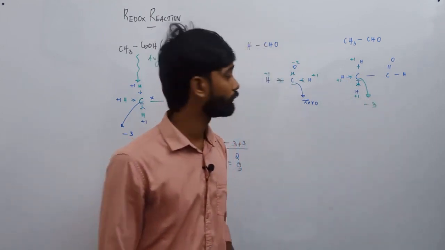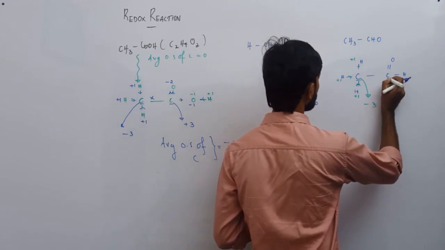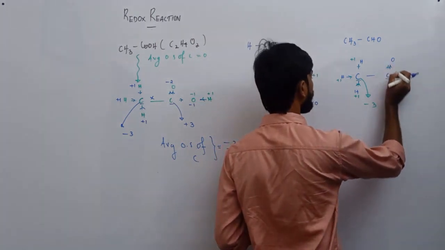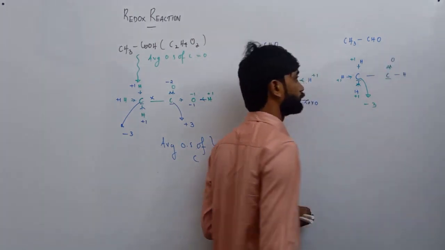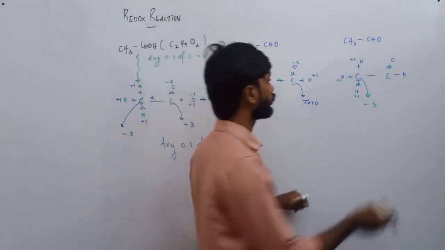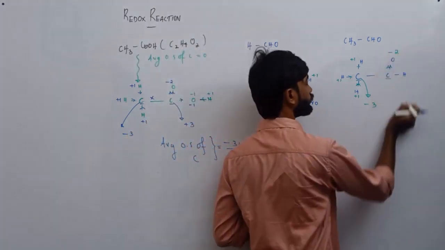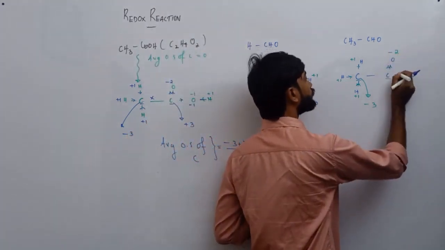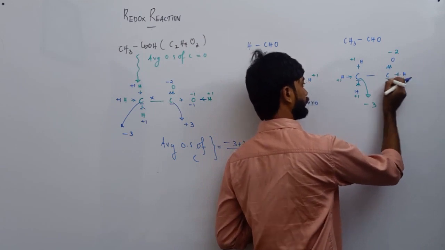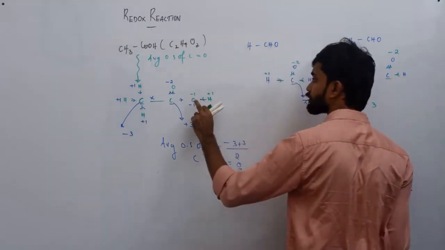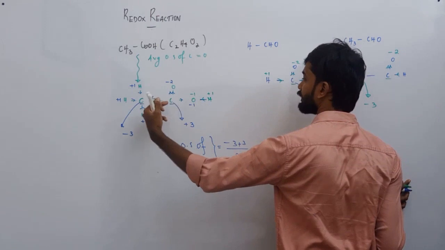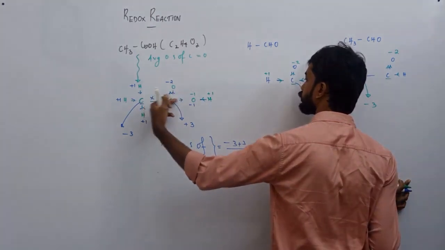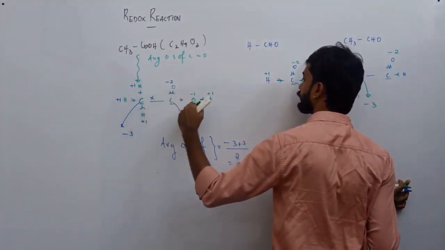Is it okay? Yeah. What about this carbon? To the top, to oxygen. So oxygen is in -2. To the right, the bond is towards carbon. It's not like this because here the polarization, electron density, is towards oxygen. Why?